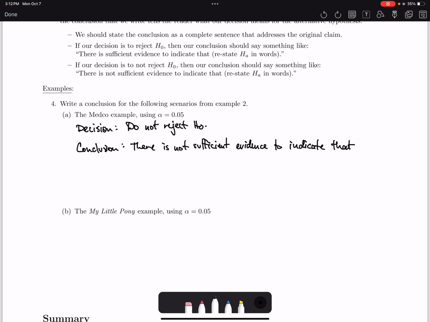Okay, so I'm just copying verbatim. There is not sufficient evidence to indicate that. And then now I need to restate the alternative hypothesis in words. That hypothesis was that more than 2% of children experienced headaches as a side effect.